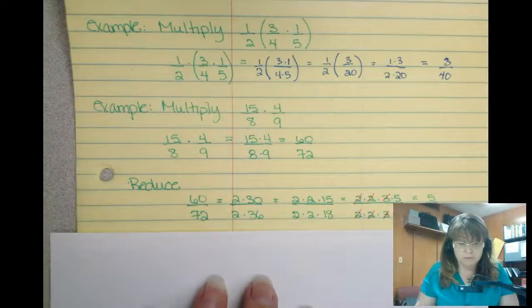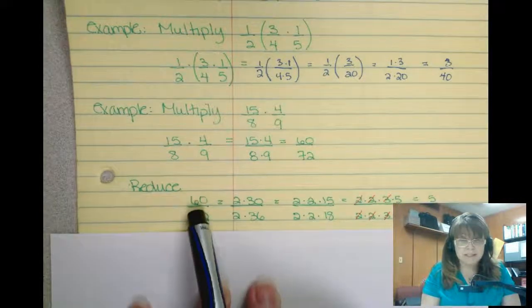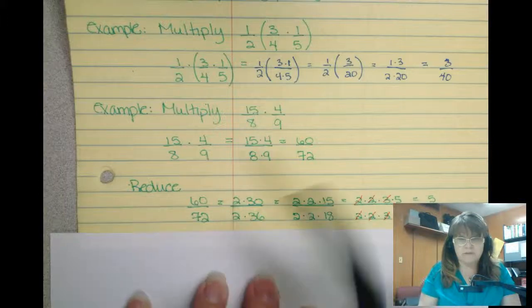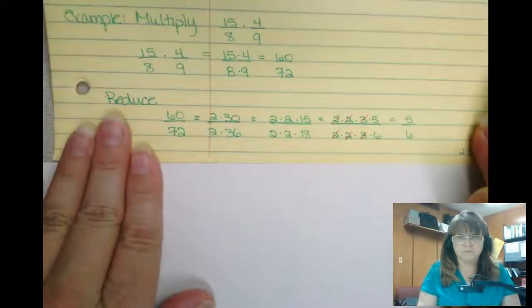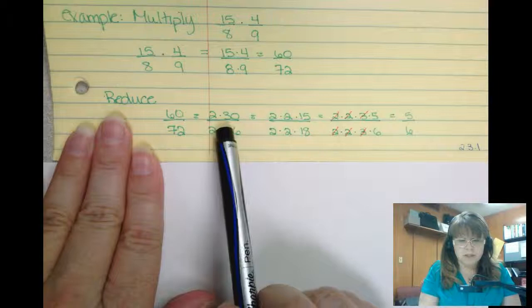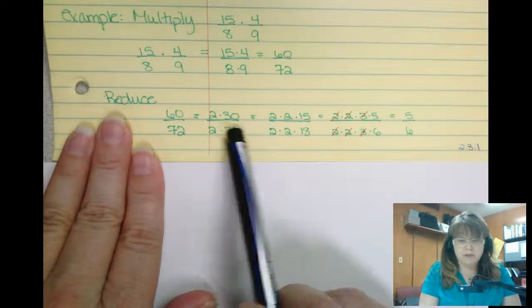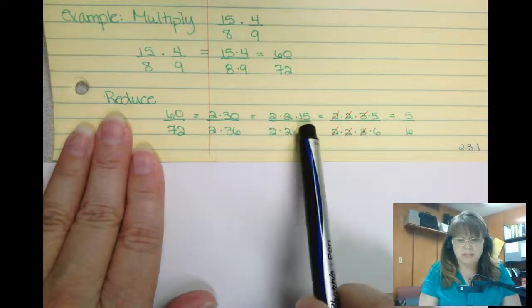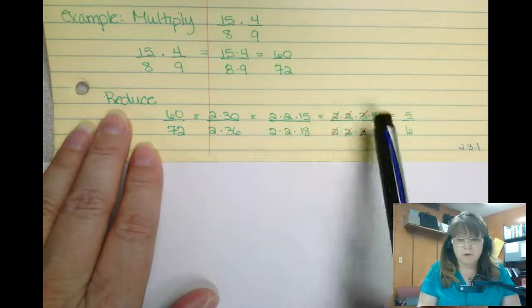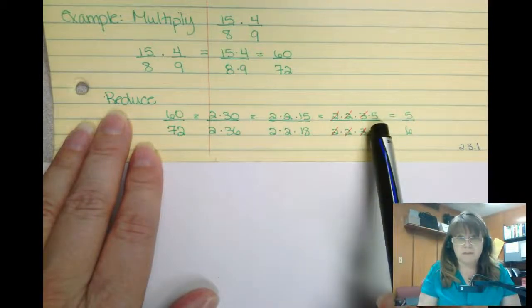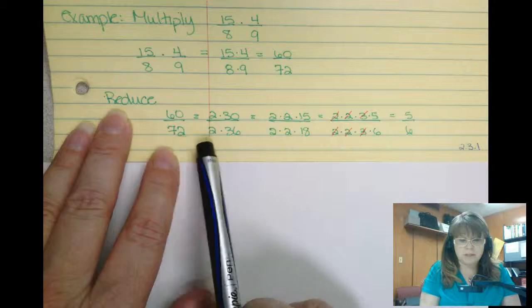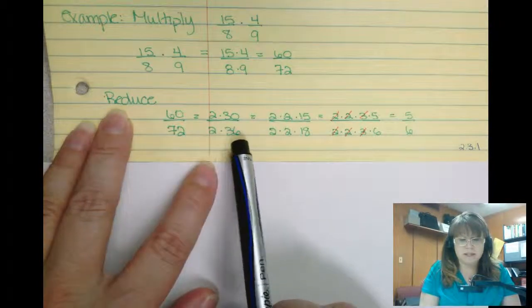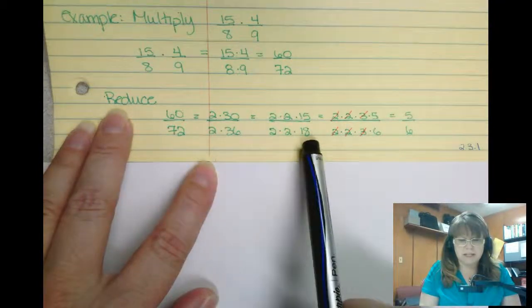So let's reduce 60. We need to get into its prime factors. 2 times 30, but 30 can be broken down. 2 times 2 times 15. 15 can be broken down into 3 times 5. 72 is 2 times 36, but 36 is 2 times 18.